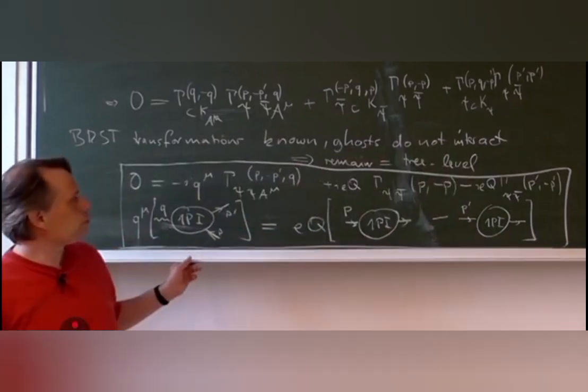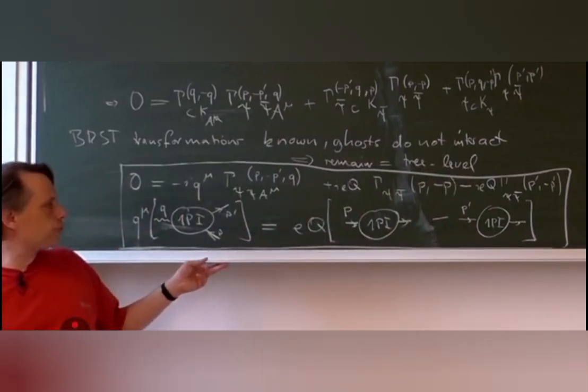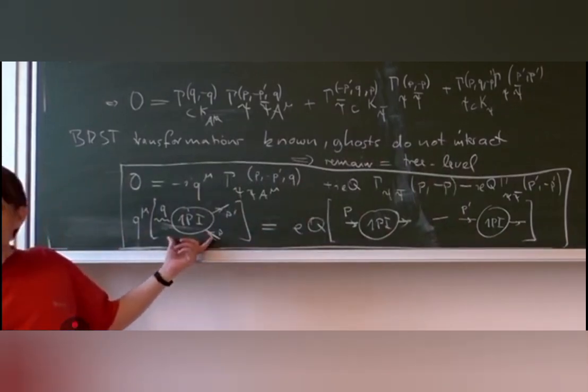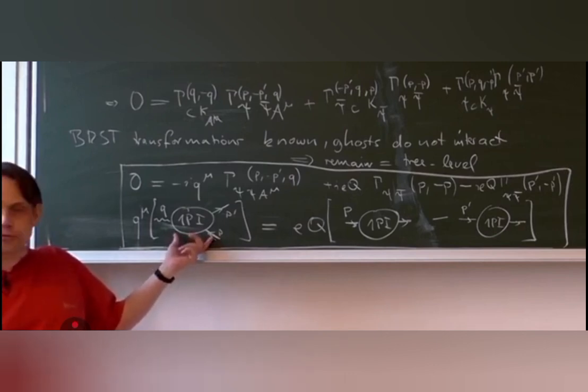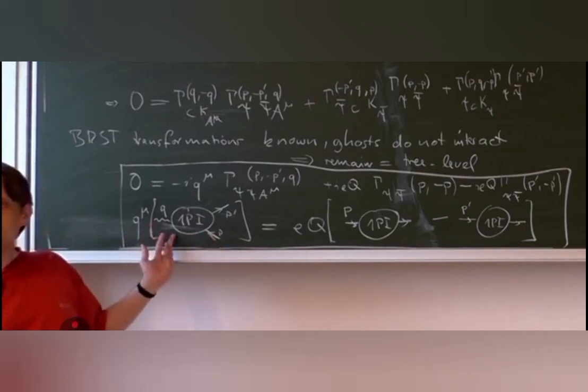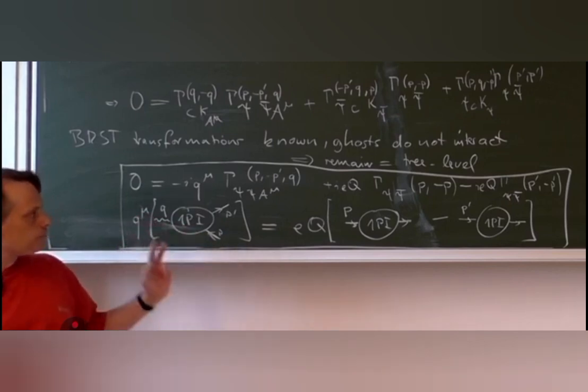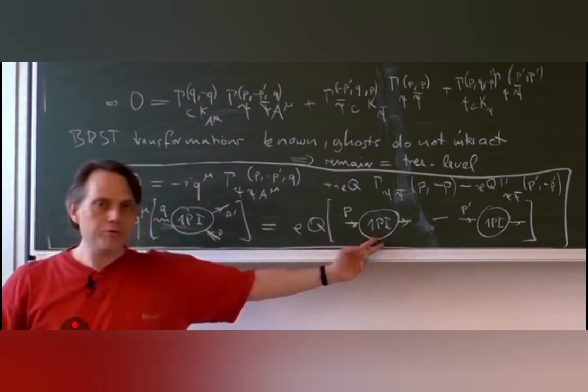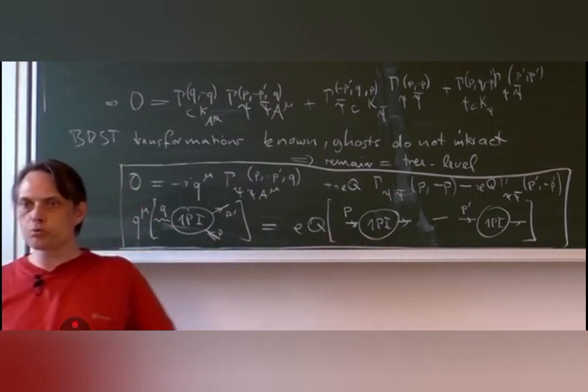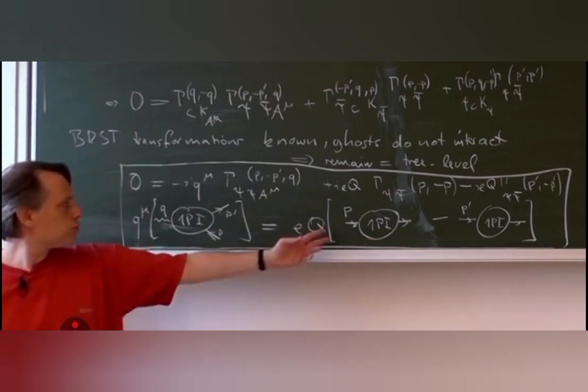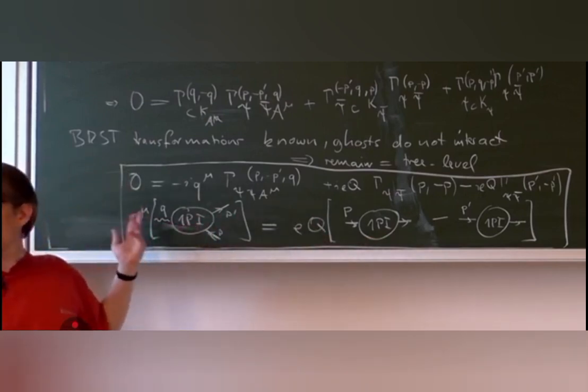Graphically it becomes probably most transparent. On the left-hand side we have an interaction with a photon, contracted with a photon momentum such that the Lorentz index goes away. And on the right-hand side we have a difference between the corresponding two fermion self-energies, which you get from that diagram by removing the external photon.